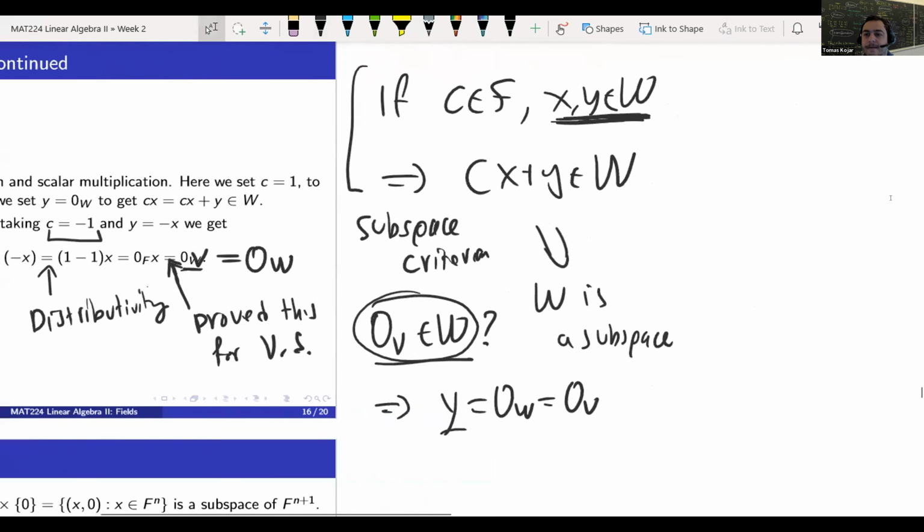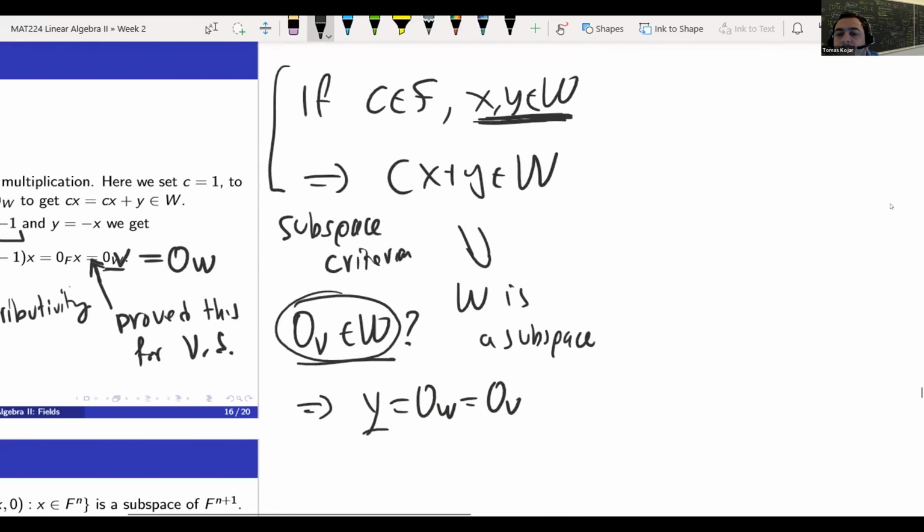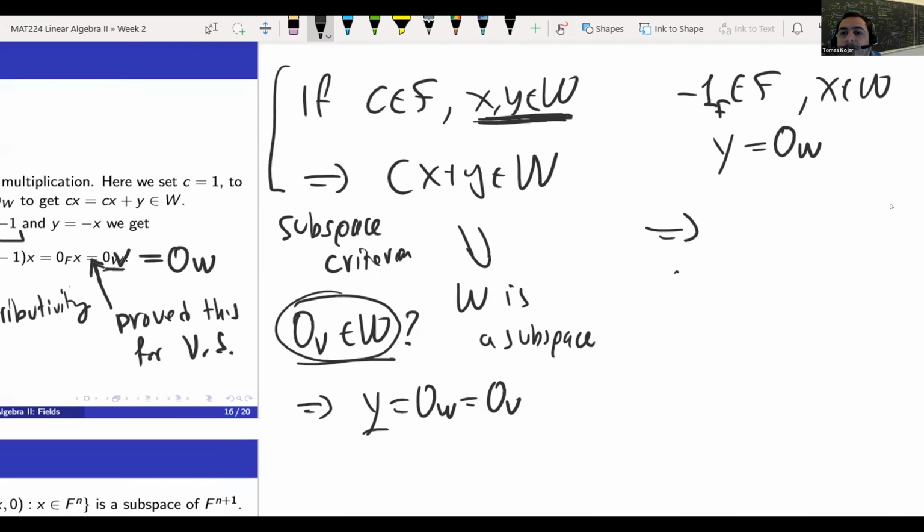So we know that we have c's in F, we have x's in W, and we have y equal to 0W. Then, I might as well say -1 here, like -1F. So you have -1F x is equal to -1F x plus 0W, which we know is in W. Guess that's one way to do it.